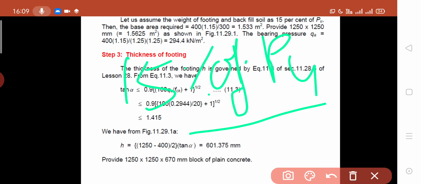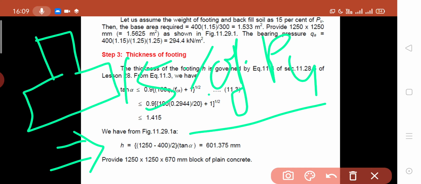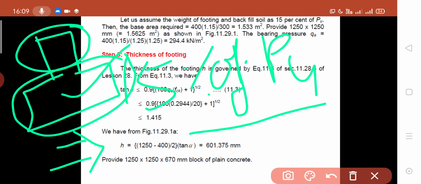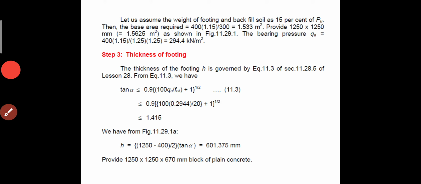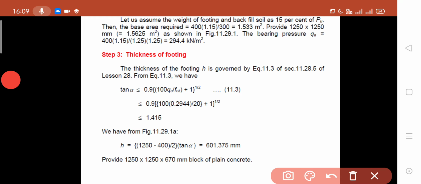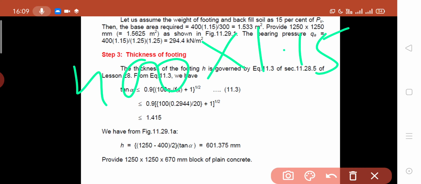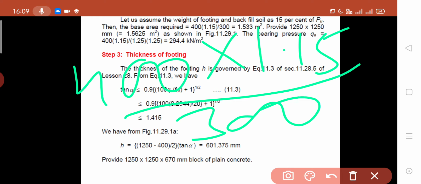Then the base required: this is the square column and this is the base of footing. For the base area of the footing, we use the calculation 400 into 1.15 divided by 300.